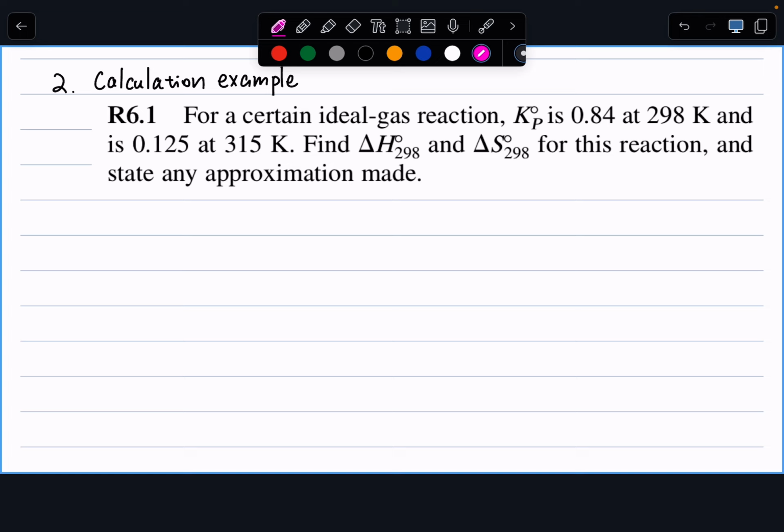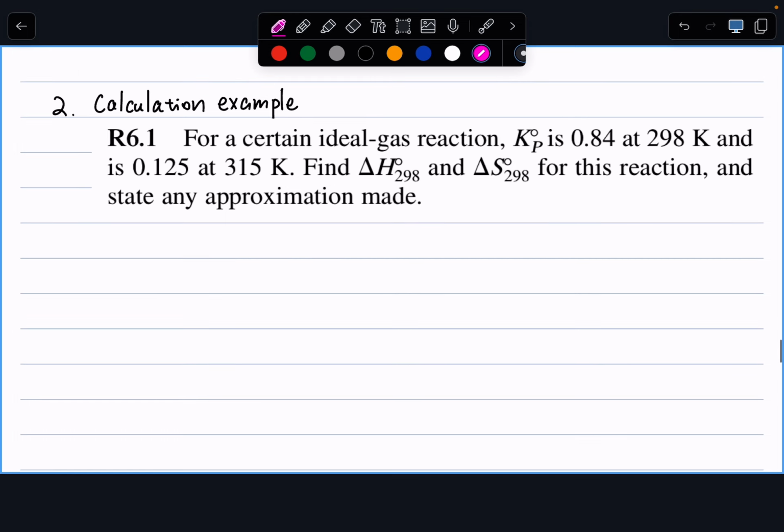So for this kind of question, the first thing you want to ask yourself is how big is my delta T. One of the key approximations we discussed is whenever my delta T is small, which in this case is only 17 Kelvin, we can assume my delta H naught is not changing, or my delta H naught is constant.